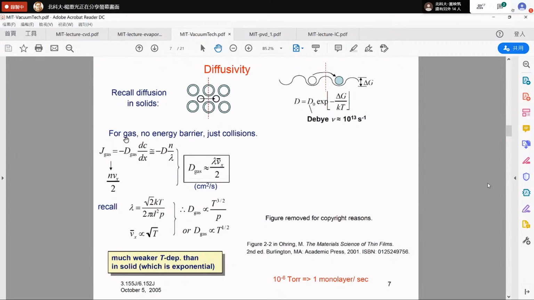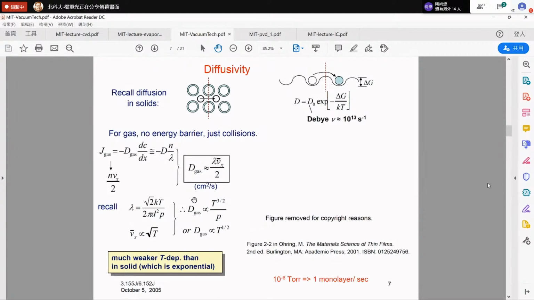So for gas, no energy barrier, only collision, we have the D gas, which is about lambda times v in one direction divided by 2.